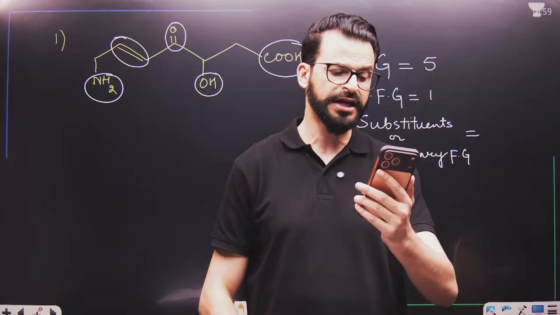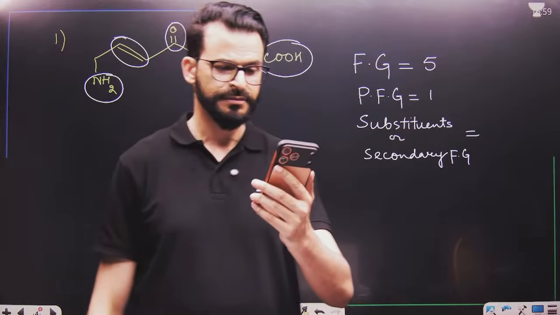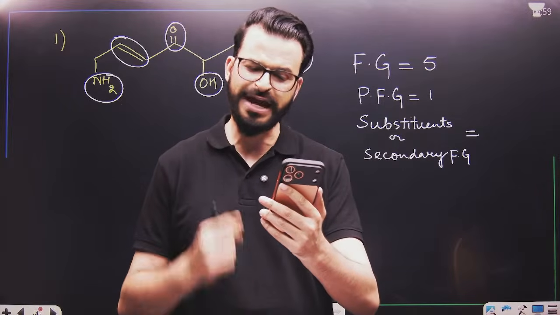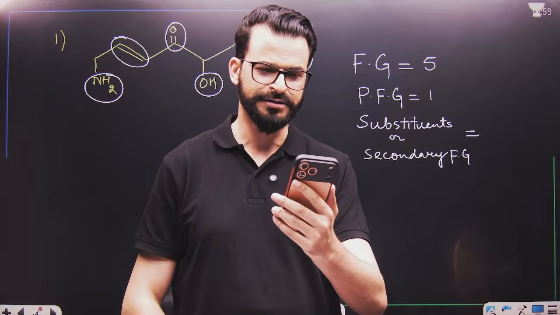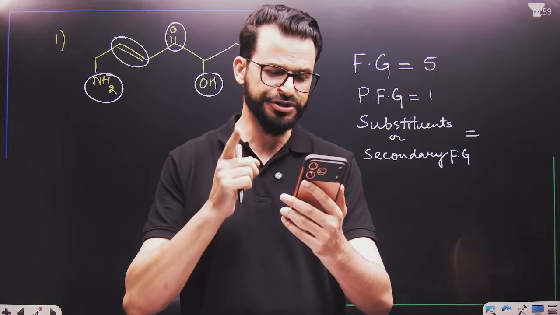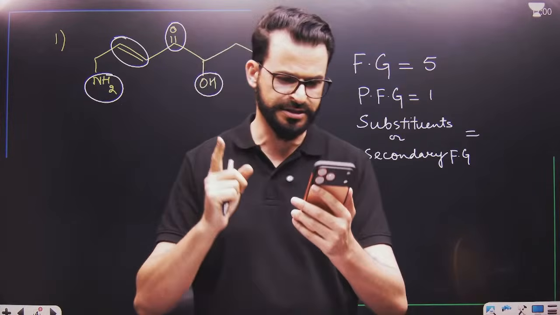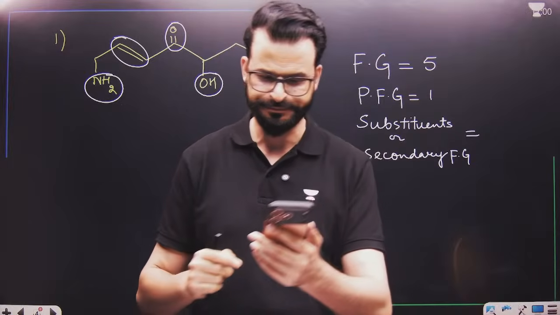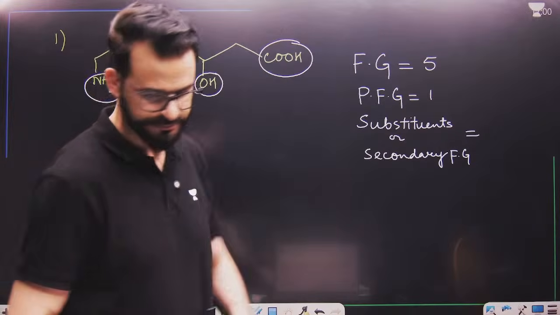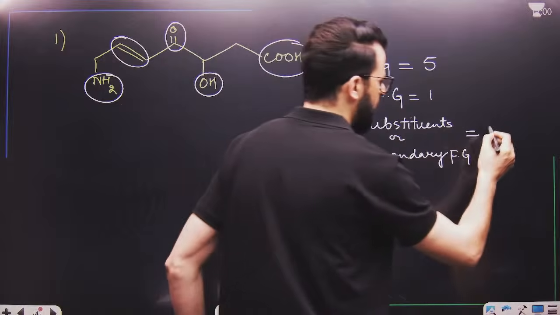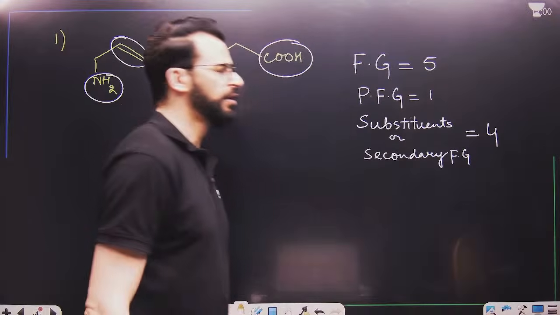How many secondary functional groups are there? Yes, that is great. You have to simply crack your NEET 2027 with flying colors. Great. So there will obviously be 4 substituents.